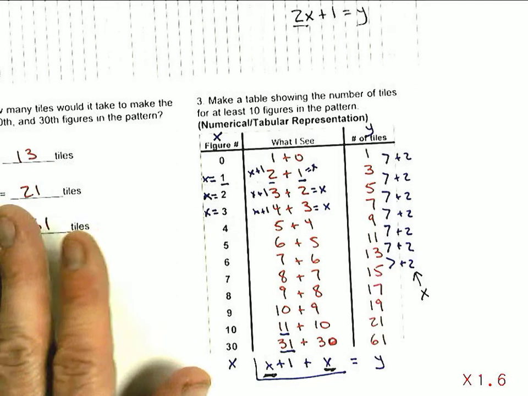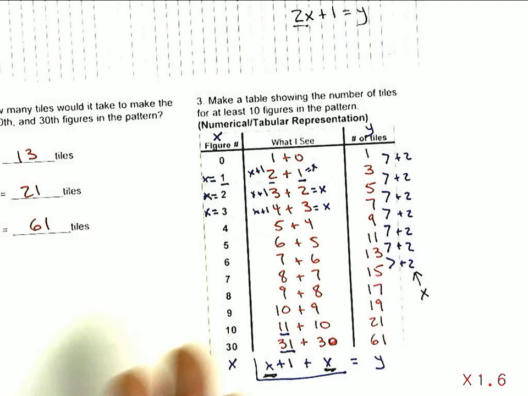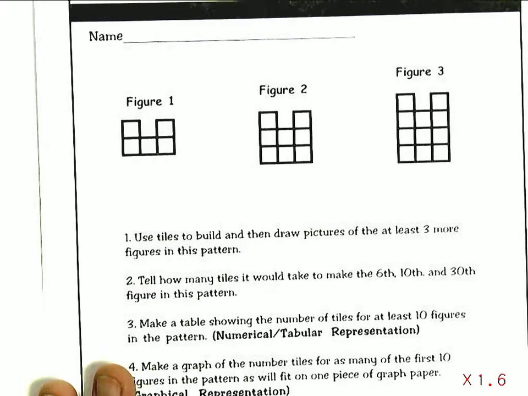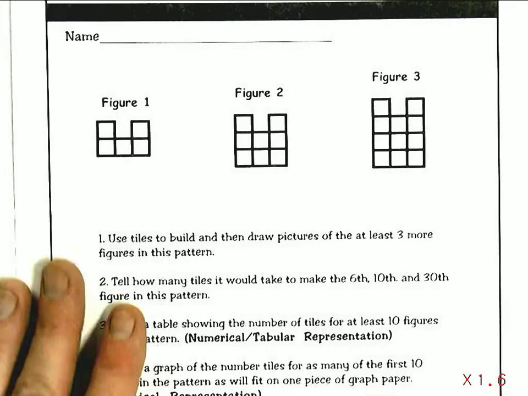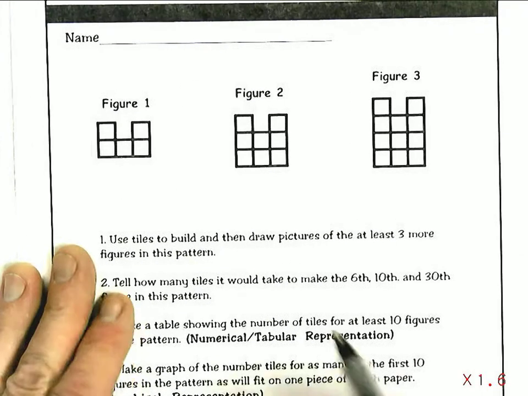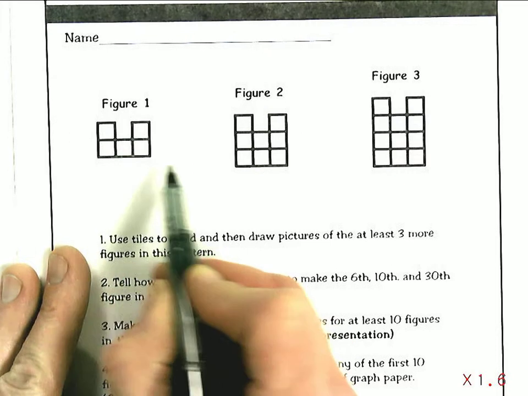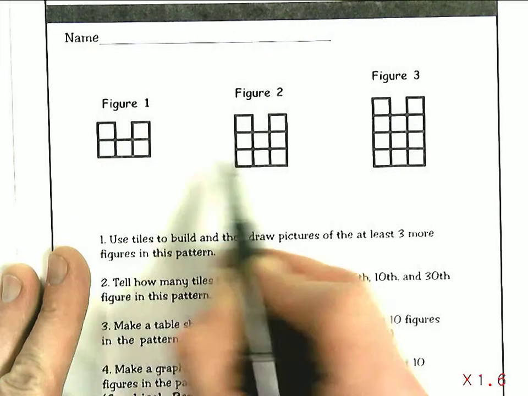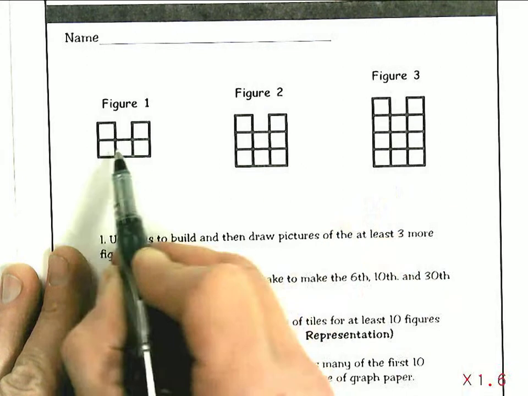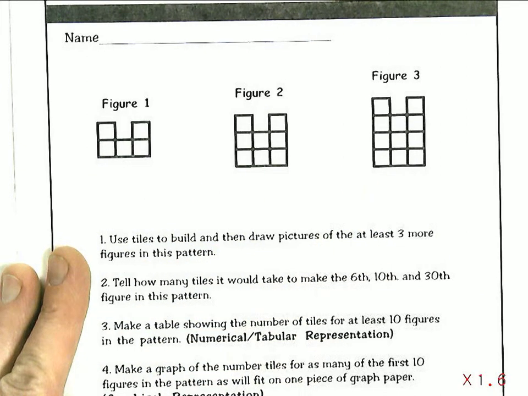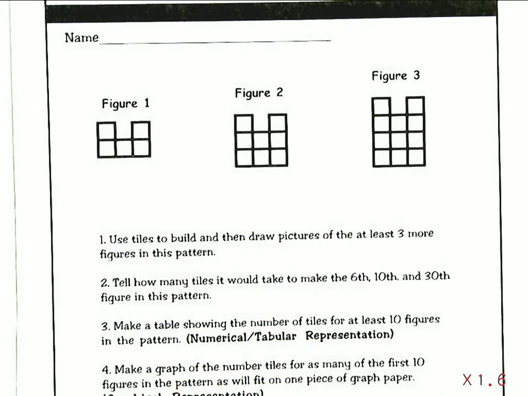Now what I want to do is move to intro problem 3, because I want to use the same technique that I just showed you to show you this problem. If we look at this one, some of you might realize that from figure 1 to figure 2 to figure 3, we're just adding 3 to the bottom each time. It's a very similar problem to intro pattern 2.